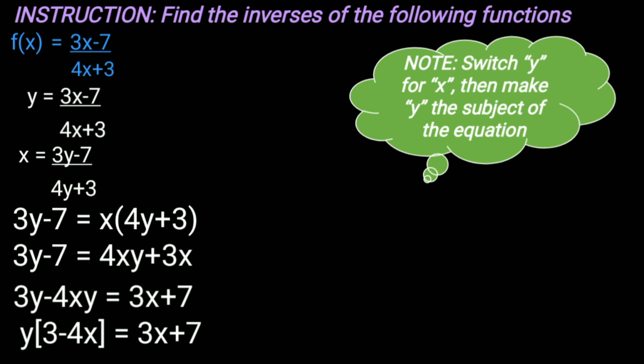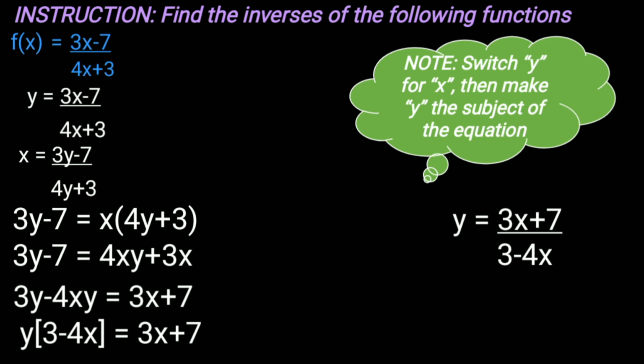So we have y in a bracket (3 minus 4x), which is equal to 3x plus 7. And then we divide both sides by the coefficient of y, which is 3 minus 4x. Doing that gives us y equal to (3x plus 7) over (3 minus 4x).